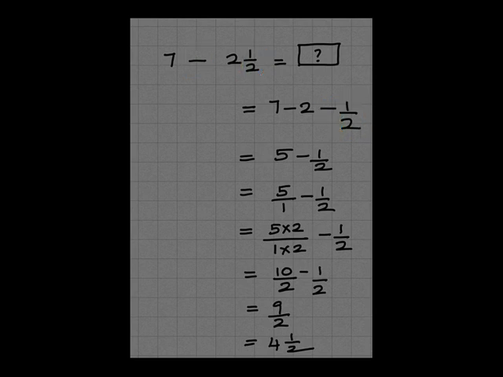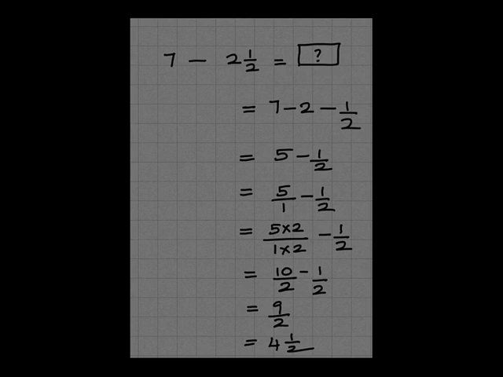Okay? The next step is to solve the whole numbers. 7 minus 2 will become 5, and write the fraction as such with the minus sign. So 5 minus 1 by 2. So we know that the denominator is 1 in the fraction, and the next step is to make it into like units.